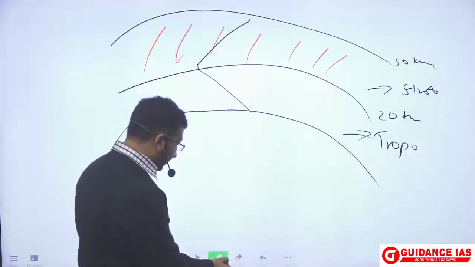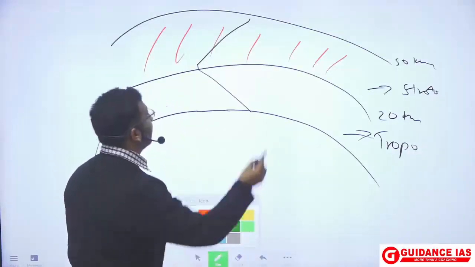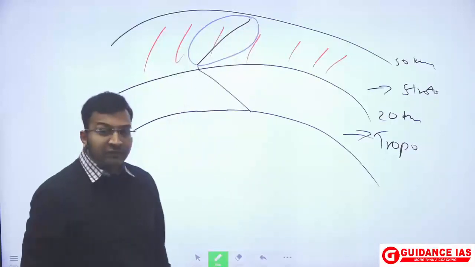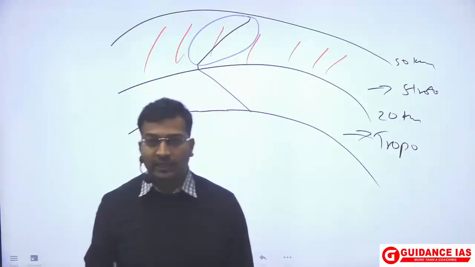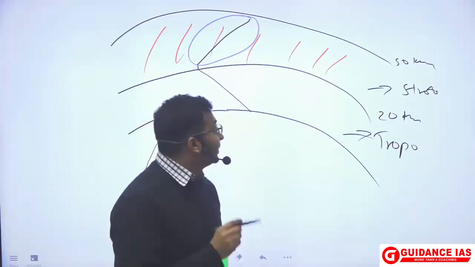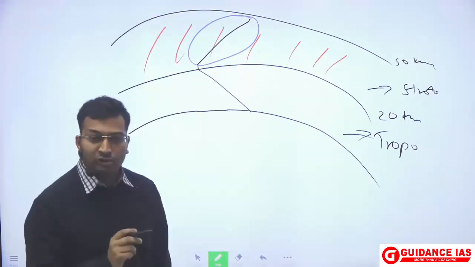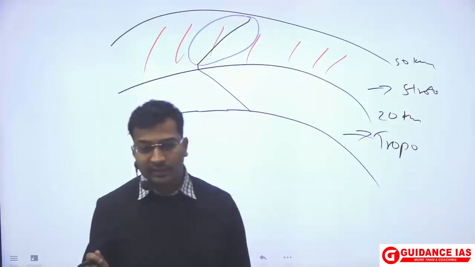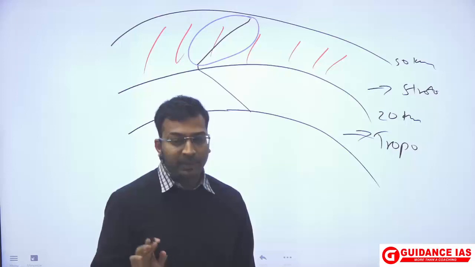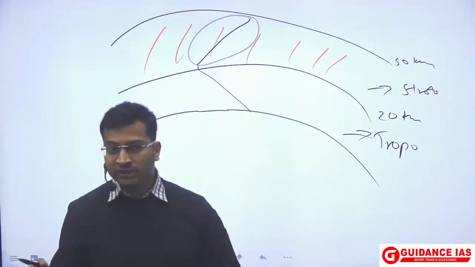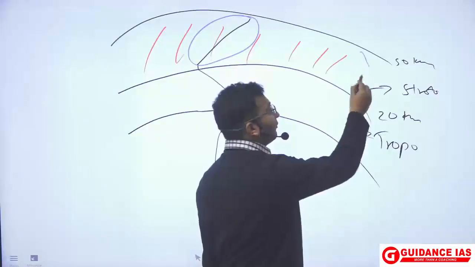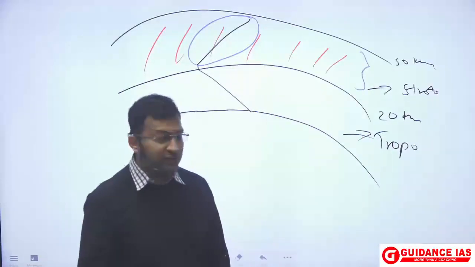So in the stratosphere, there will always be an increase in temperature with increasing altitude. It is because of the presence of the ozone layer and the UV rays. As a result, in the stratosphere, the temperature increases with increasing altitude, which is referred to as temperature inversion. This zone is a zone of permanent temperature inversion.